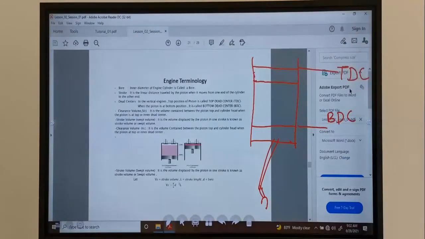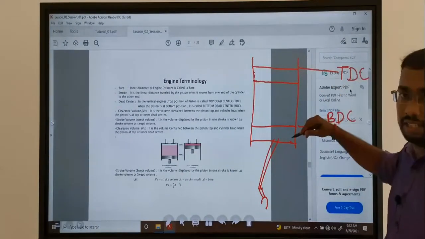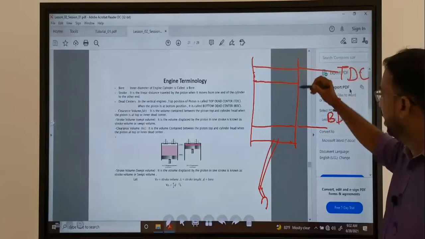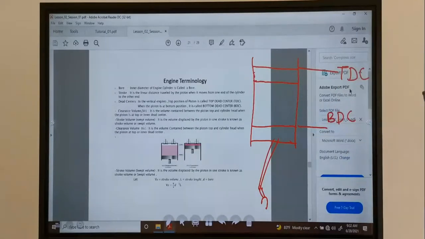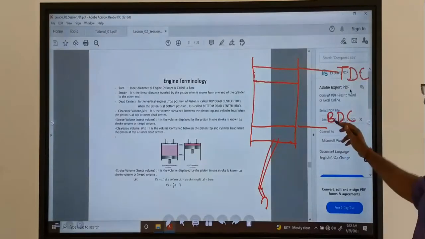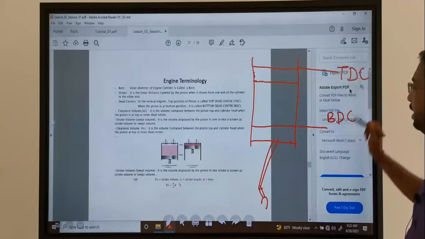That means the piston can travel between these two limits, bottom dead center and top dead center.